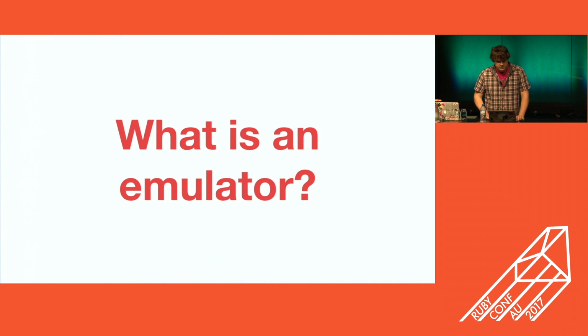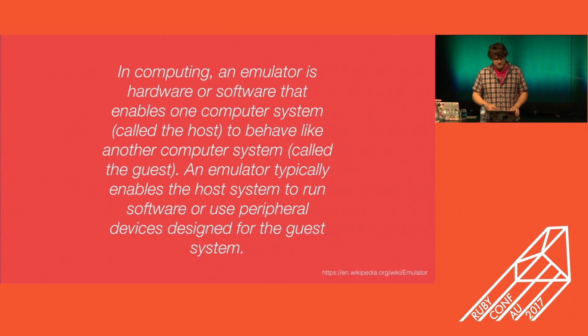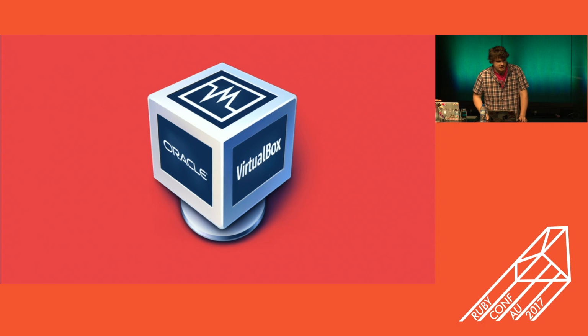So for anyone who is unfamiliar with what an emulator is, Wikipedia defines it basically as a piece of hardware or software known as a host that imitates another piece of hardware or software known as a guest. If you've heard of the term host and guest before, you're probably familiar with a piece of software called virtual machines.